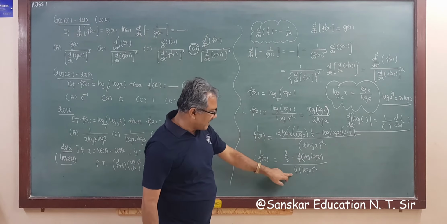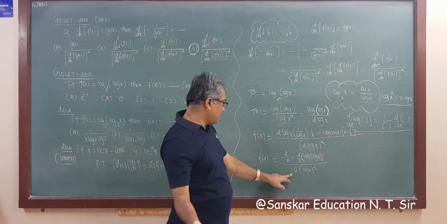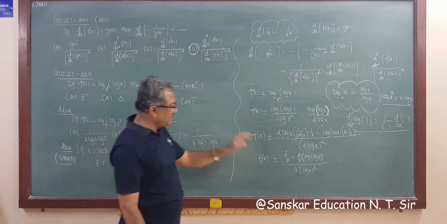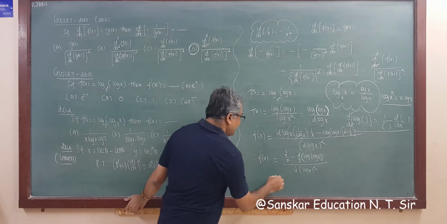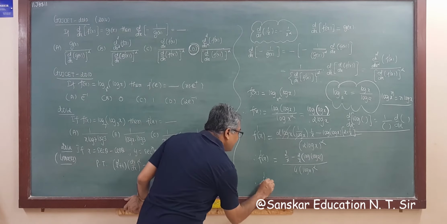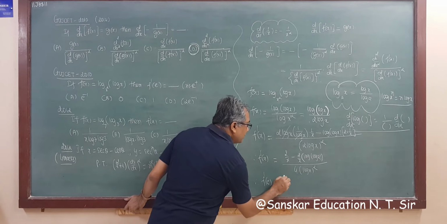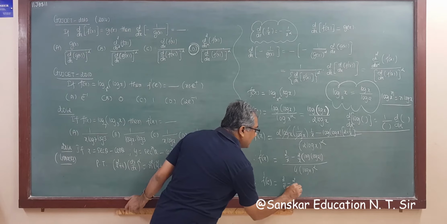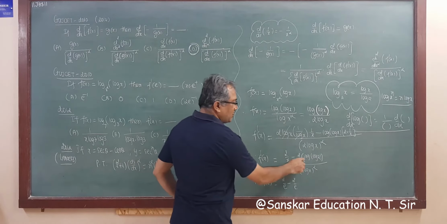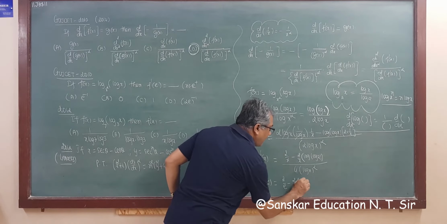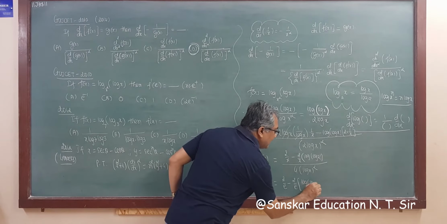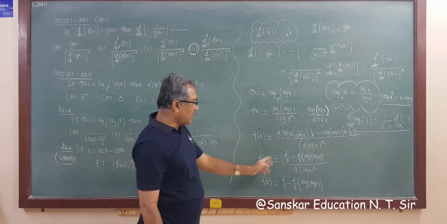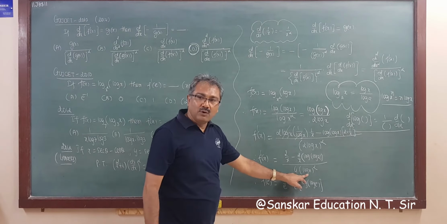So 2 cancels, or if you don't, then substitute the value, because we want f dash e, so substitute x is equal to e also, right? So f dash e is equal to 2 by e minus 2 by e into log of log e into log of log e upon 4 log e whole square.